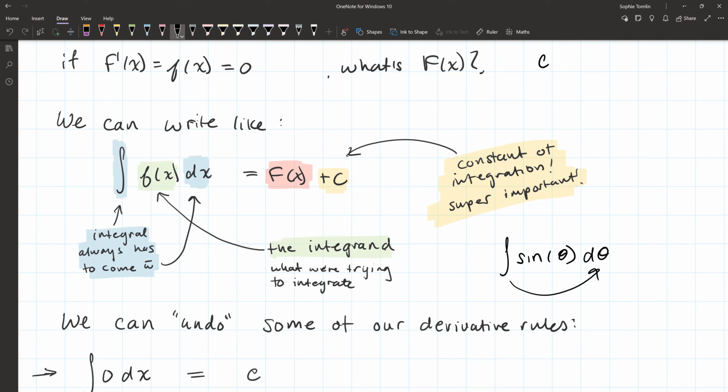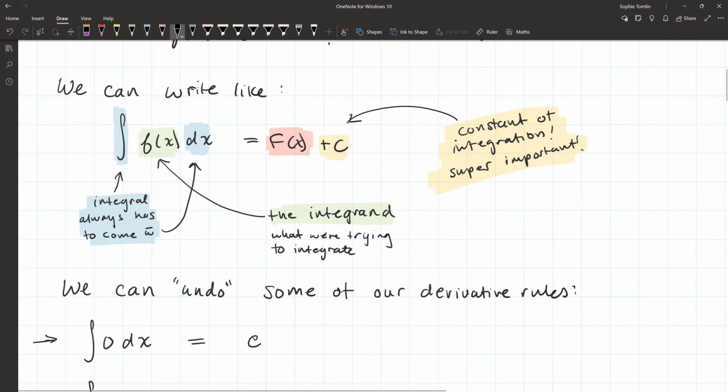But this d variable and this integral always come together, so you always have to have both of them. This one's a little bit easier to forget. And then the function on the inside, this f of x, is called the integrand. That's what we're trying to integrate to get our antiderivative capital F of x.